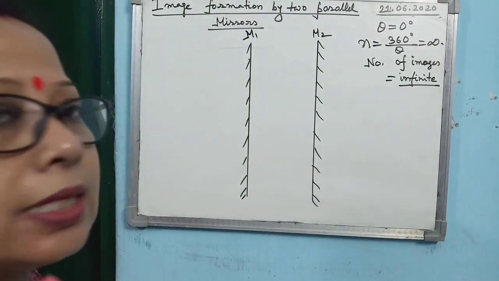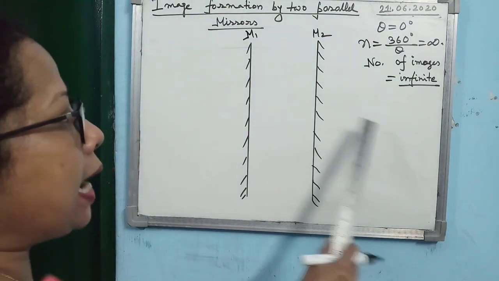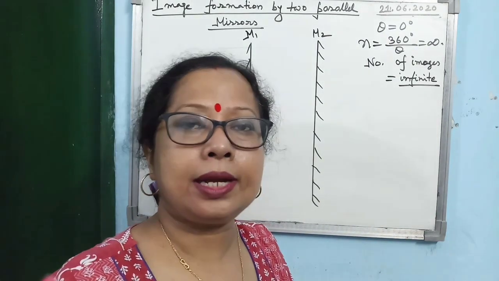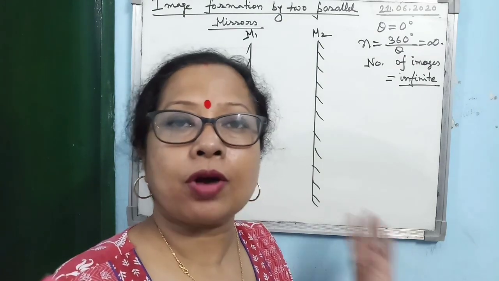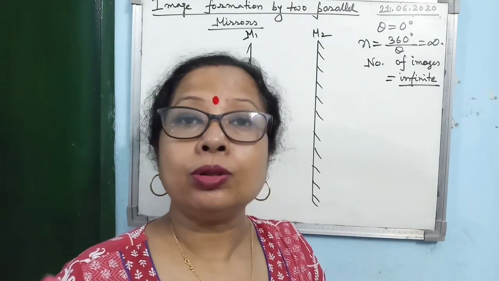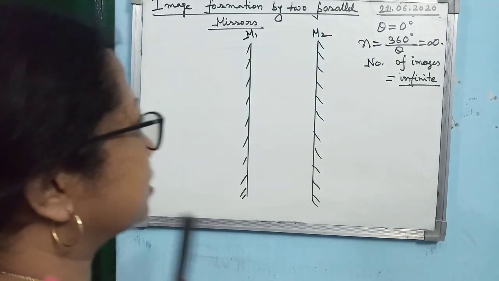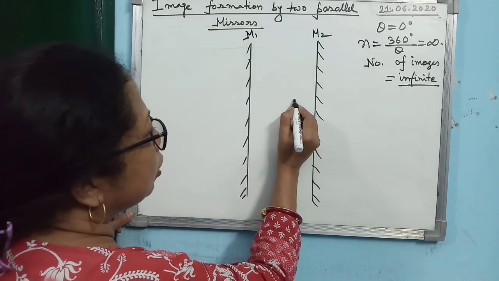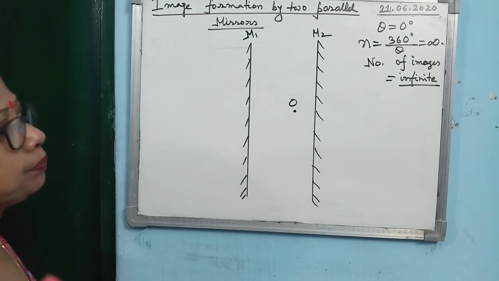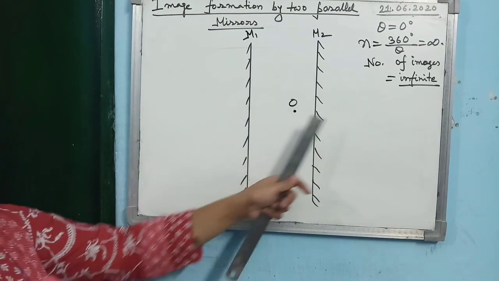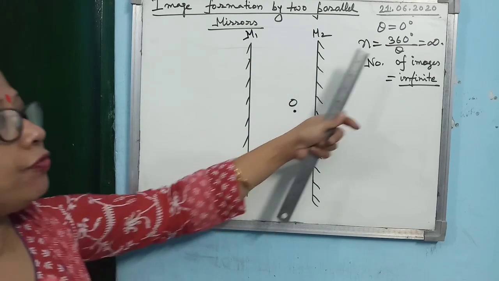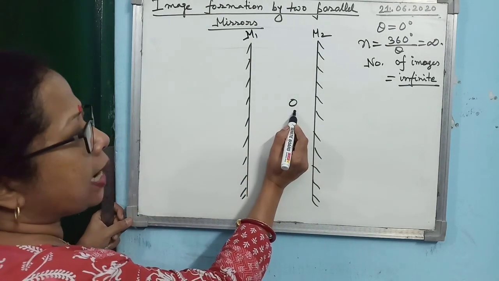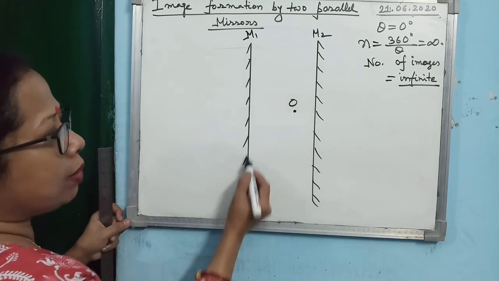Now the question is how the image is formed. The diagram I will draw, please do not draw it in your notebook. This is for your understanding of how the image formation takes place. Suppose I have taken an object O near it. Now observe how an infinite number of images will be formed. I can consider O is in front of M1.